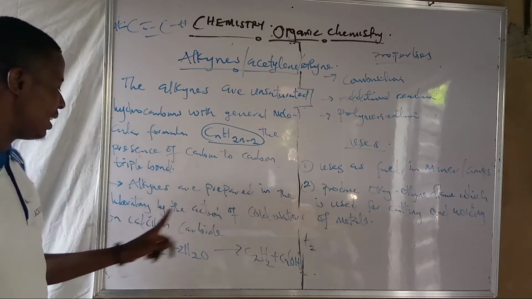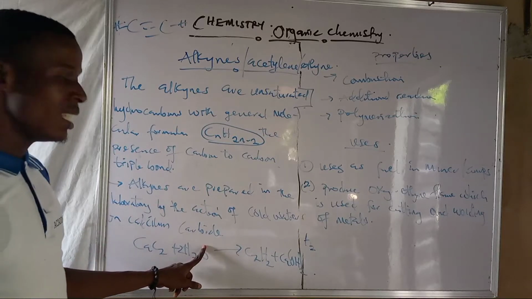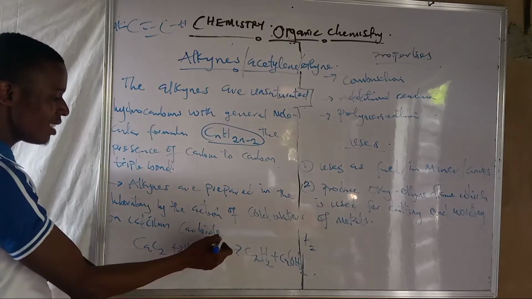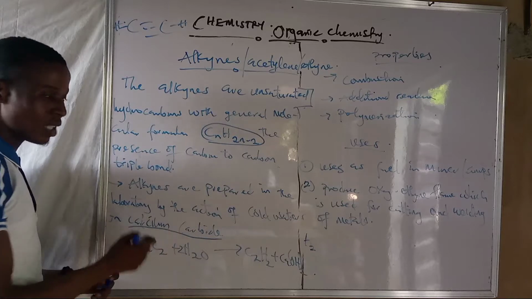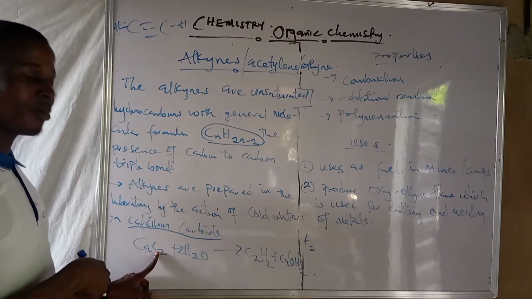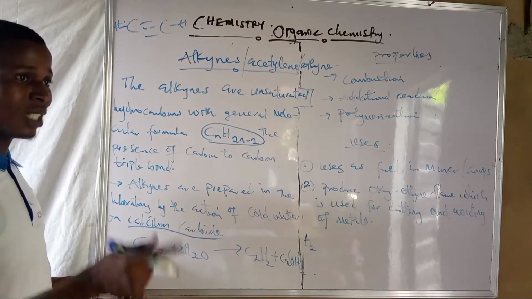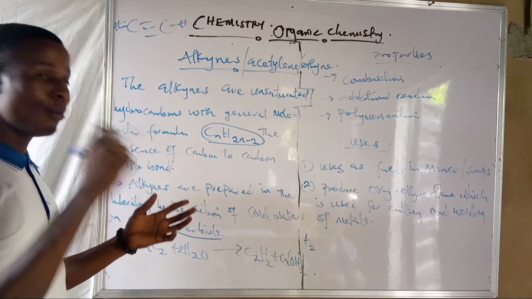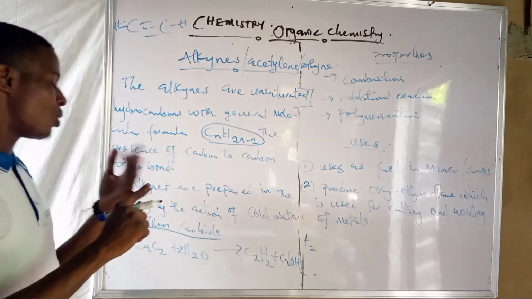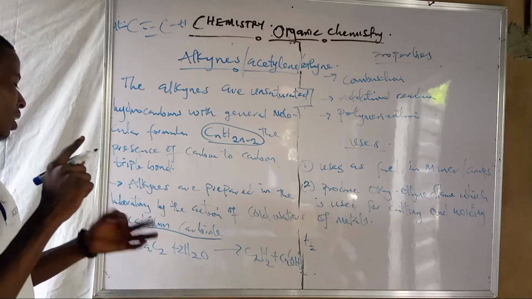Alkynes are prepared in the laboratory by the action of cold water on calcium carbide. If you can still remember, I said this calcium carbide is not a hydrocarbon, because although it has carbon in its component, it's not an organic compound. In my previous video clip, I made mention of oxide, cyanide, and carbide.